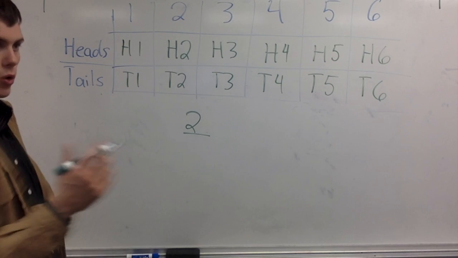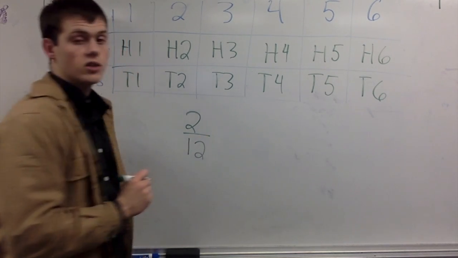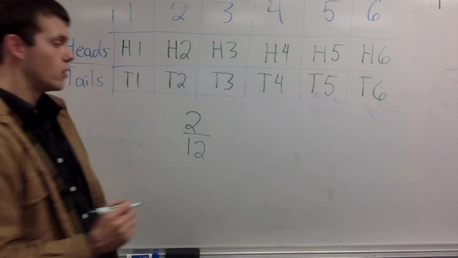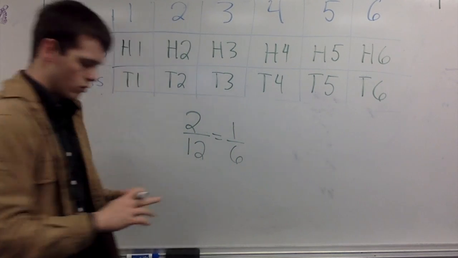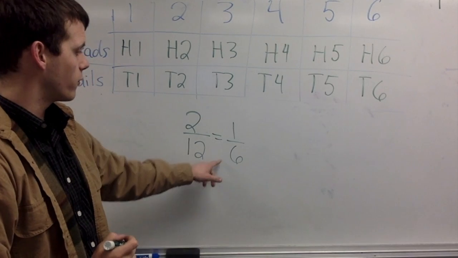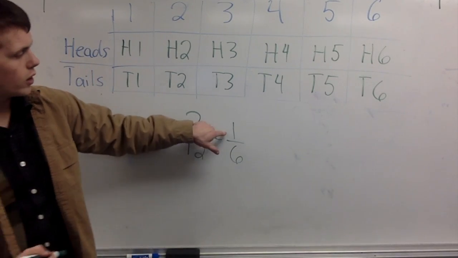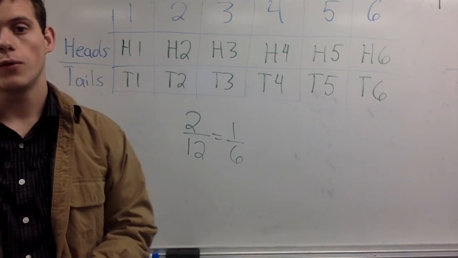So if you remember, our total possible outcomes was 12. Reduce. So our probability tells us that for every 6 rolls, we'll get one number that's greater than 4, and we flipped tails.